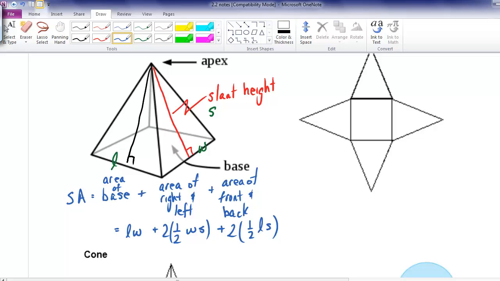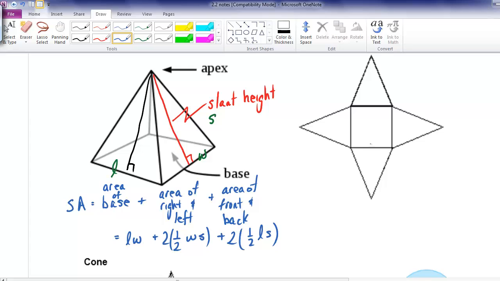And on our net diagram over here, what that might look like is, this is L, one of the dimensions of my base, and this is W, and this is the slant height. So again, notice that the slant height is the height of a triangular face, not the height of a pyramid.